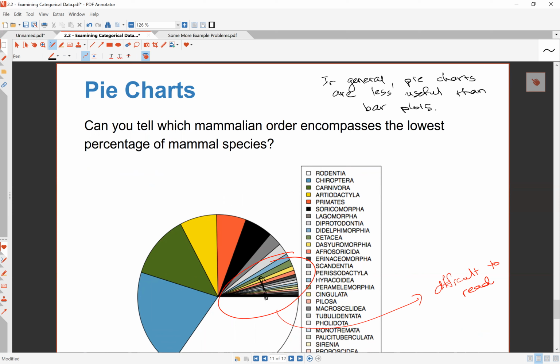But because each bar is individually labeled on the axis, they're pretty clear. So yes, there may be an instance where a pie chart is useful, but most of the time pie charts are actually not a very good tool. There's almost never an instance where you would use a pie chart over a bar plot.